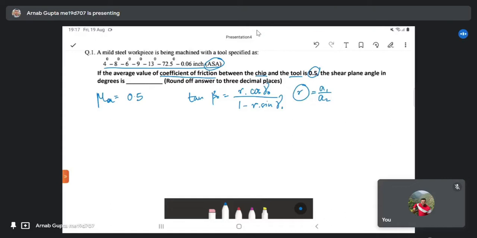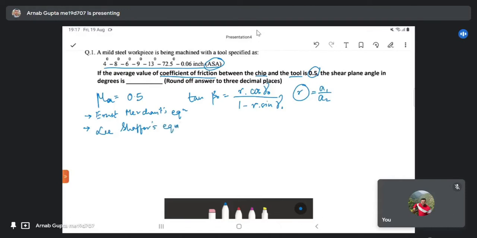There are two relations which can be used in case we don't have these values. One is Ernst-Merchant's equation, which we have already encountered in the last couple of videos, and the second is Lee-Shaffer's equation.